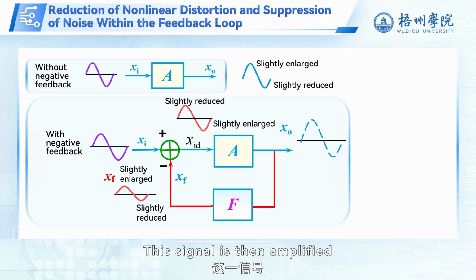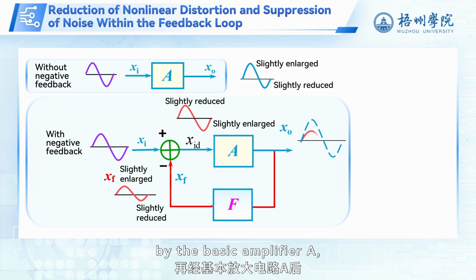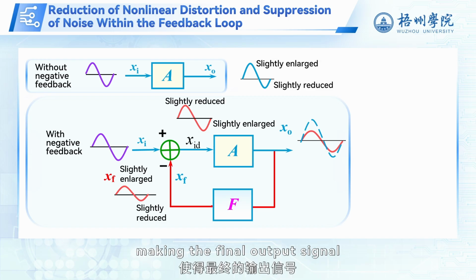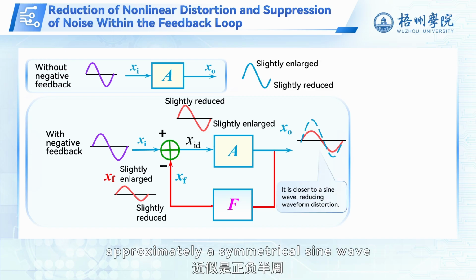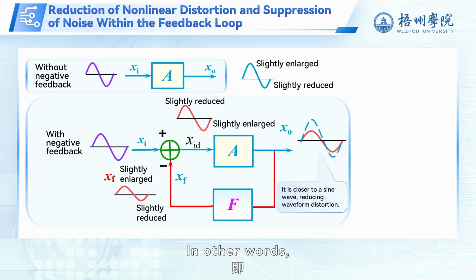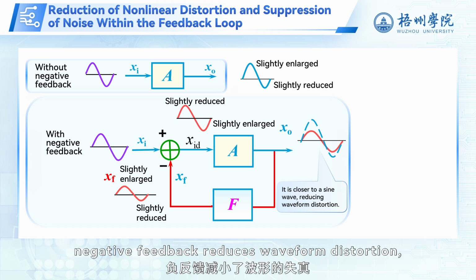This signal is then amplified by the basic amplifier A, and the resulting output corrects the original distortion, making the final output signal approximately a symmetrical sine wave in both the positive and negative half cycles. In other words, negative feedback reduces waveform distortion.